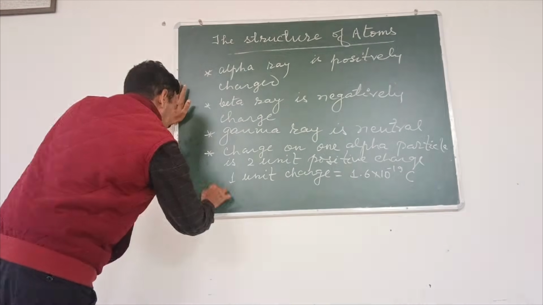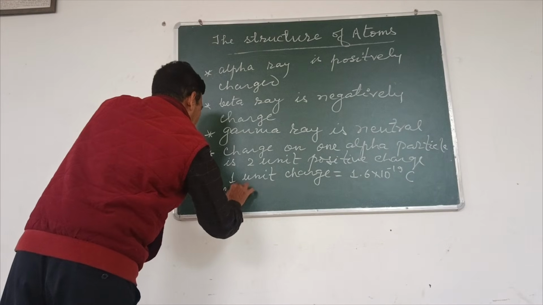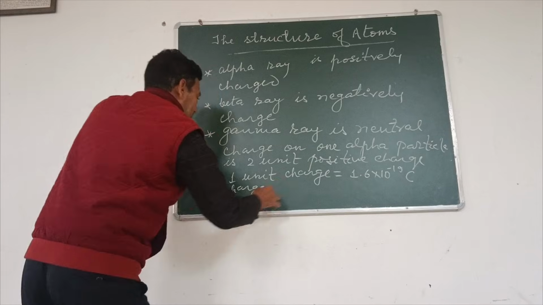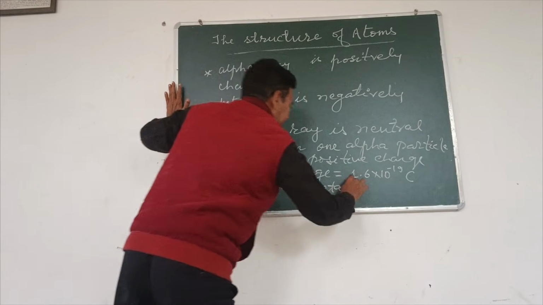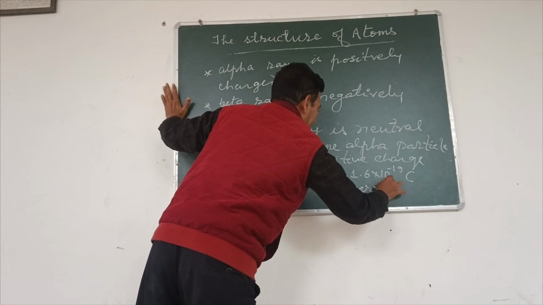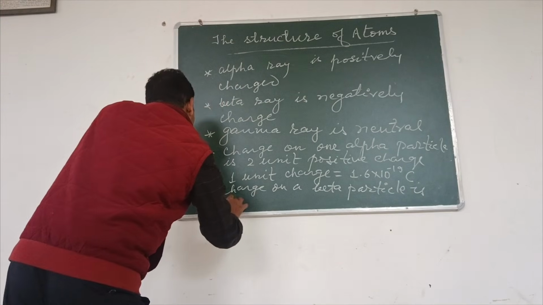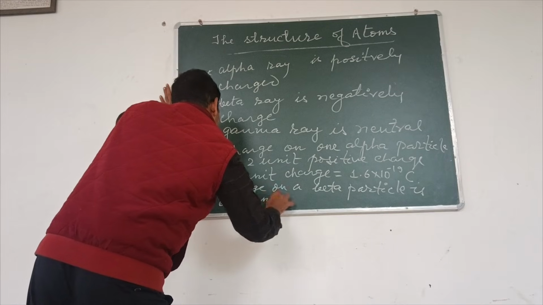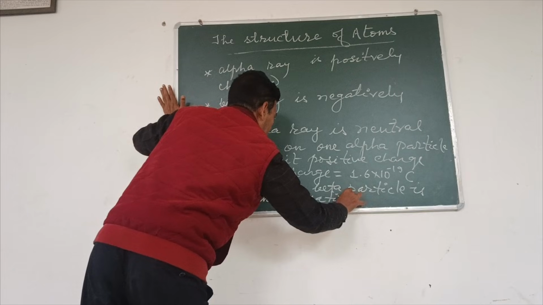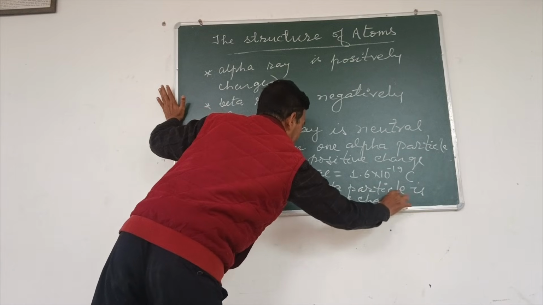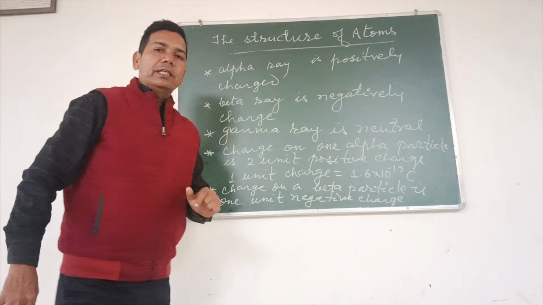Beta particle has 1 unit negative charge.